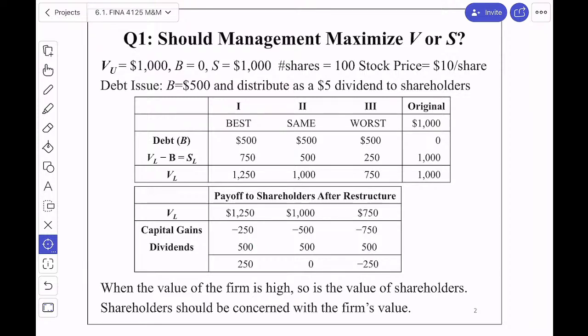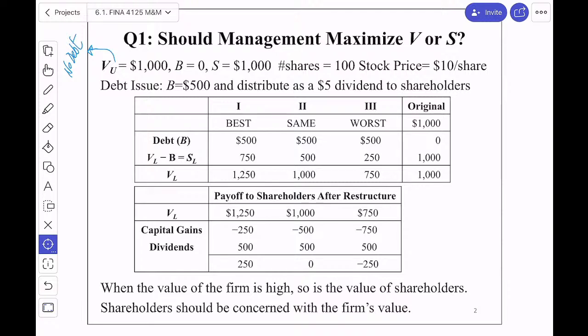The net effect is here. So I made a bunch of calculations. How do you conclude? What do you see here? U for unlevered. So this is the firm with no debt. And so the company looks at restructuring, and there are three possible effects: best, no effect, and the worst case scenario.